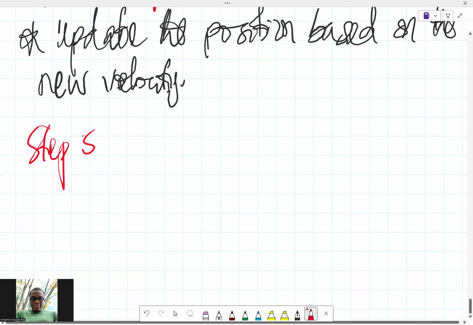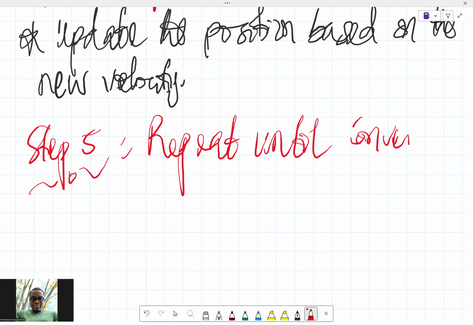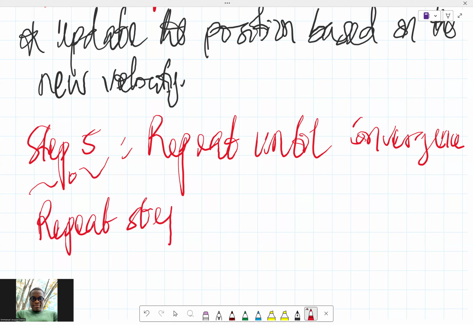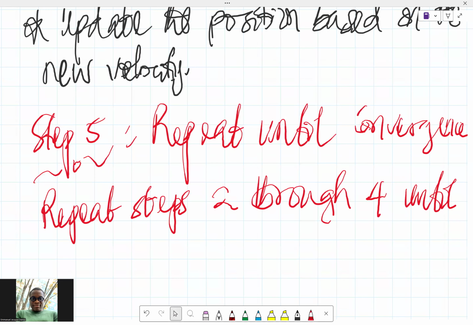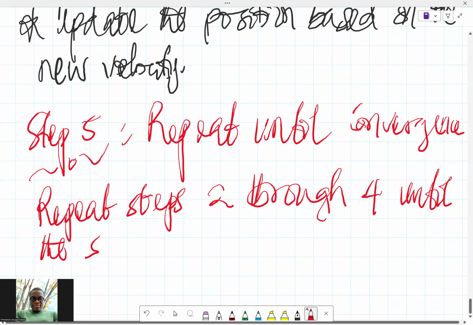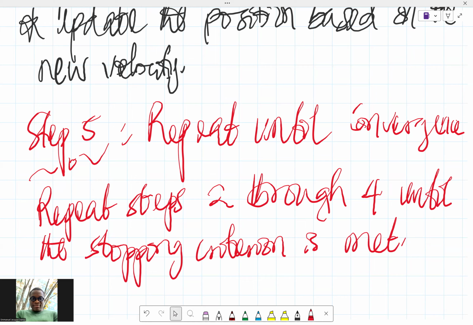Repeat until convergence. Repeat steps 2 through 4 until the stopping criterion is met. So that's example 1.